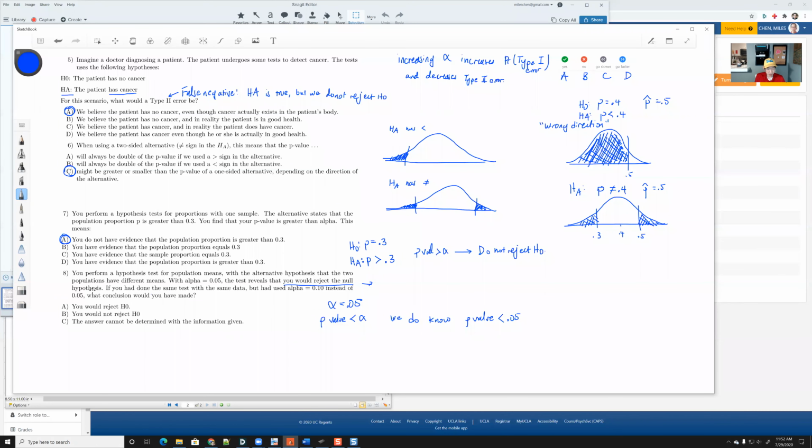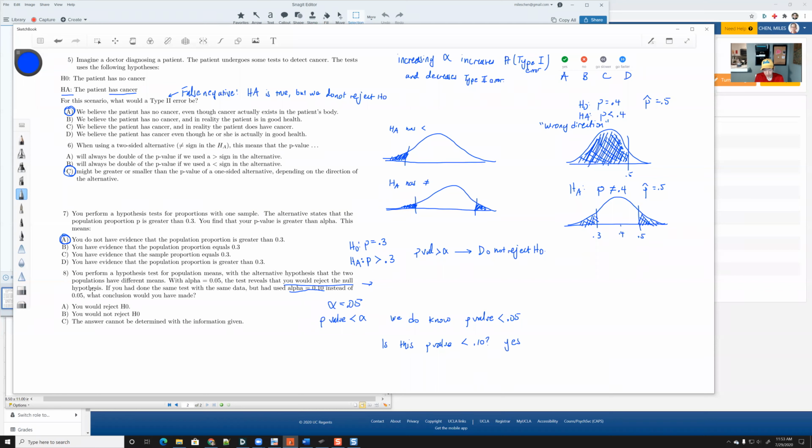If I do the same test with the same data, I would get the same resulting p-value, same resulting test statistic, all of that. This time, I use alpha equal to 10%. So is this p-value less than 10%? And the answer is yes.